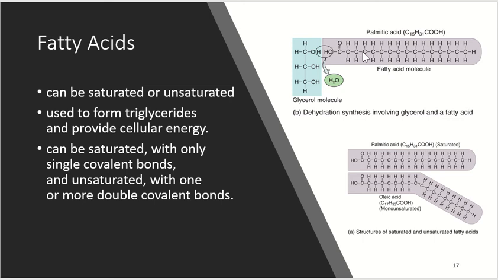This is going to be a very straight kind of tailed fatty acid, or they can be unsaturated, where there's that empty hydrogen there. The carbon is not completely hydrated or saturated with hydrogens, and so a double bond forms, like I said, between those two carbons, and that causes a kink in the tail.